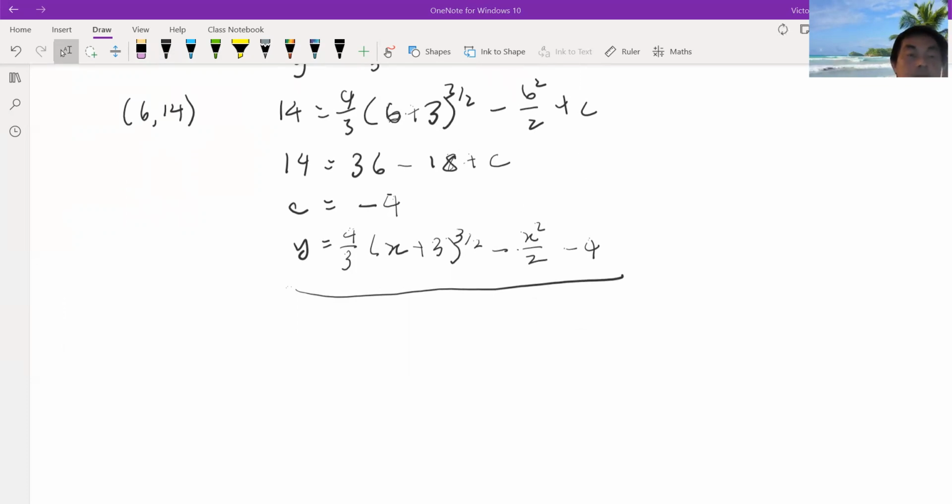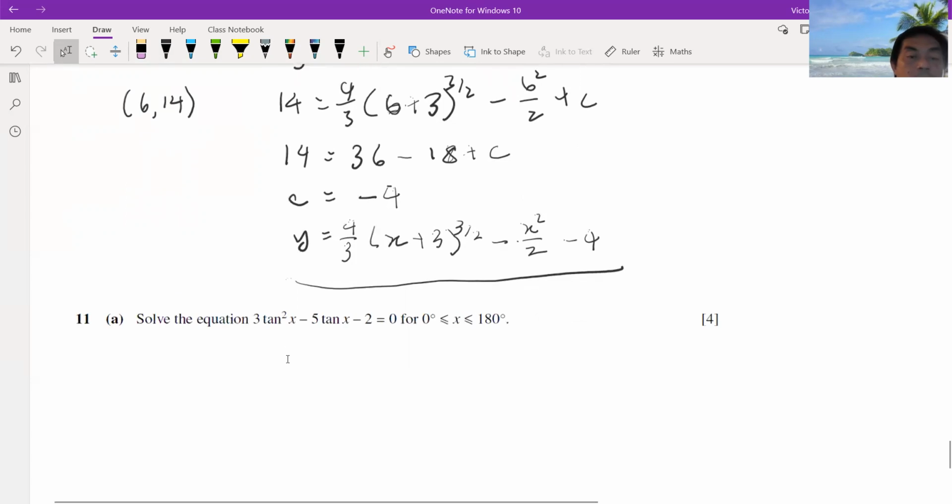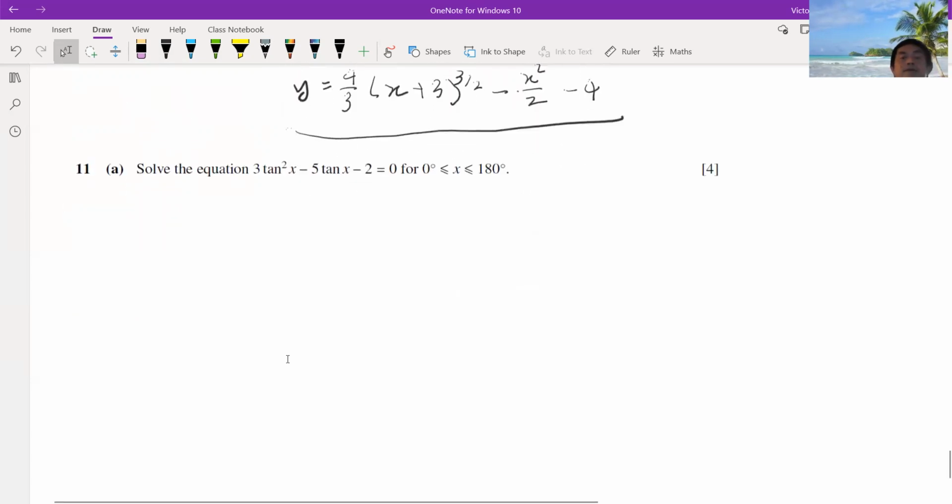The last question is a question on trigonometry. Okay. Solve the equation 3 tan squared x minus 5 tan x minus 2 equals 0, where x lies between 0 and 180 degrees.